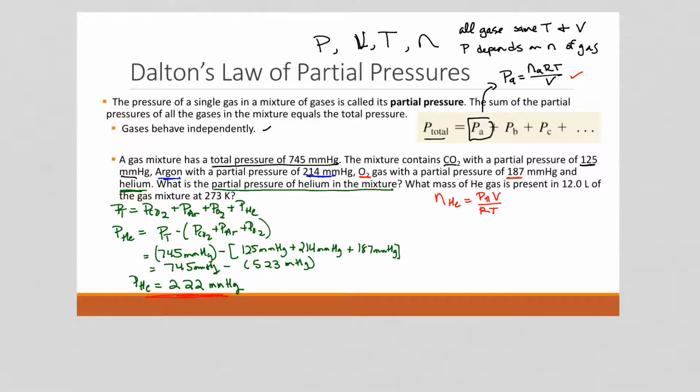Now remember, I have to have the pressure in atmospheres. So I have to convert my 222 here. So remember, 760 millimeters of mercury per 1 atm means this is equivalent to 0.292 atm.